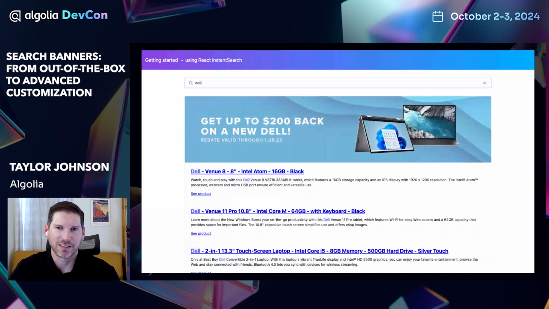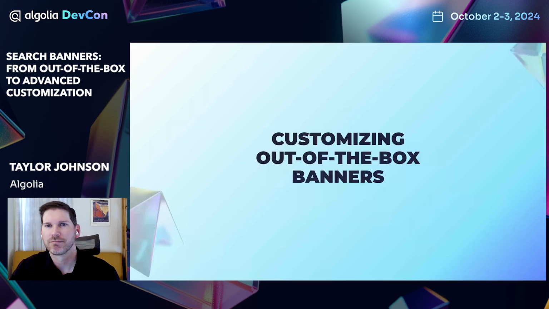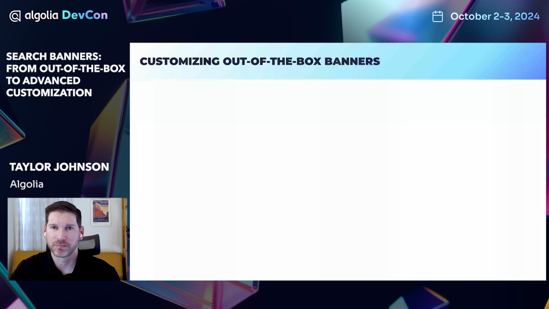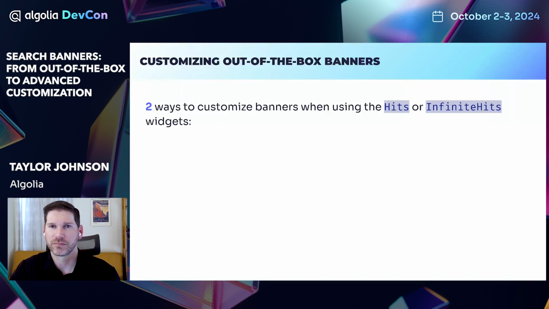But this is DevCon, not effortless out-of-the-box con. InstantSearch widgets are opinionated, but highly extensible. So let's see how we can customize the banner with the Hits widget. There are two ways to customize banners when editing the Hits or Infinite Hits widgets. The first is overriding CSS classes.